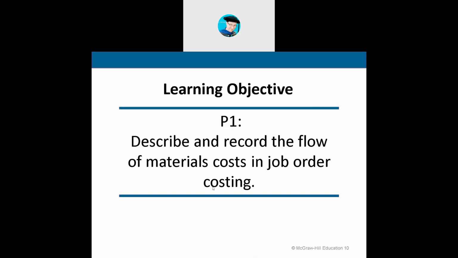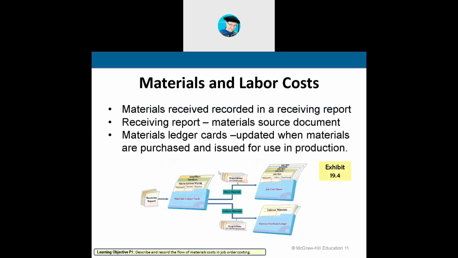As I had mentioned, the cost of the materials follows the physical flow. Okay, we follow the physical flow. For materials and labor, for the direct materials, it works like this. Company purchases the raw materials from their suppliers. Okay? We get the raw steel from the steel company.